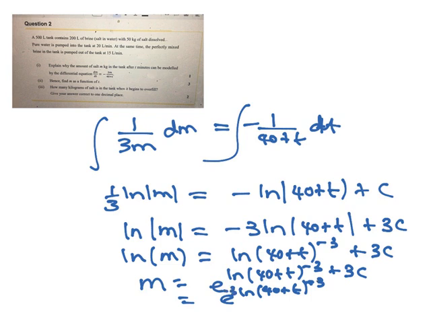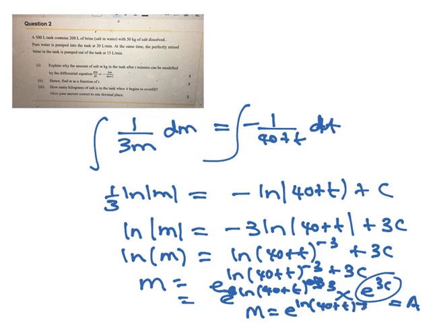I could even put that back down there, it doesn't really matter. Oh, actually it'll help me if I put it there. Times e to the 3c. Now the e to the 3c is just your a. So m equals, now e to the ln a is just a, times a.